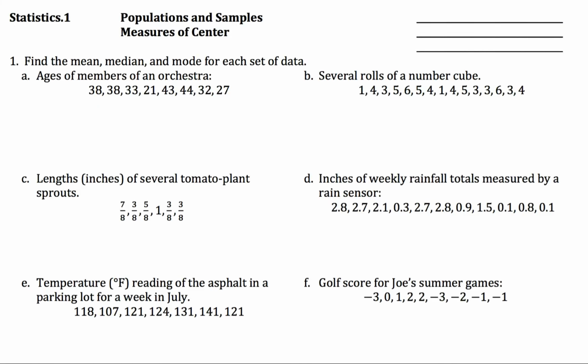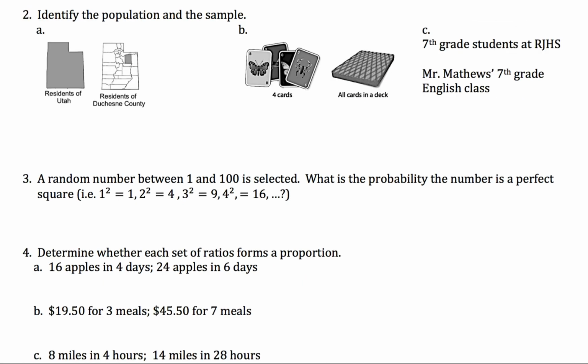Okay, on your assignment, number 1, you're going to find the mean, median, and mode of each data set. There are 6 different data sets. You may need to use a separate piece of paper to work these out because there's not a whole lot of room there. Number 2, identify the population and the sample, A, B, and C. Number 3 is a probability problem.